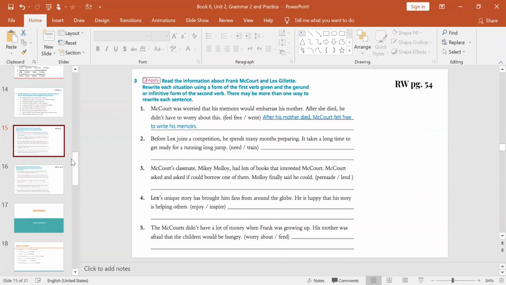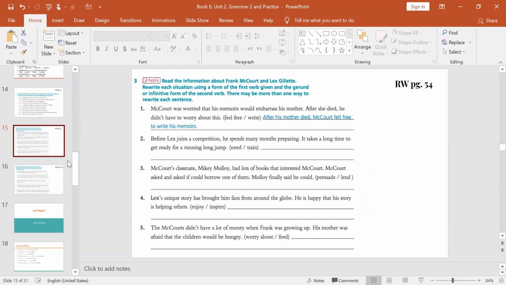So read the information about Frank McCourt and Lex Gillette and write each situation using a form of the first verb given and the gerund or infinitive form of the second verb. There may be more than one way to rewrite each sentence. Okay, so the instructions are asking us to rewrite the sentence. So first, what you need to do is understand what the sentence is saying. So you need to read it and make sure you understand the content.